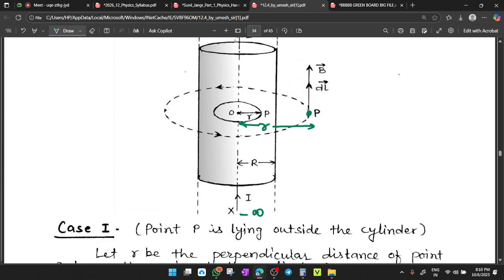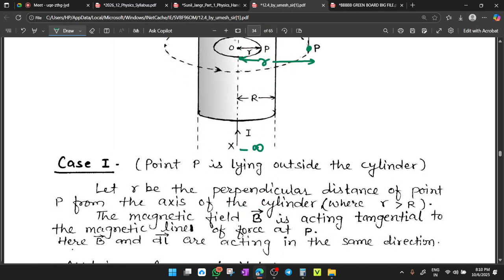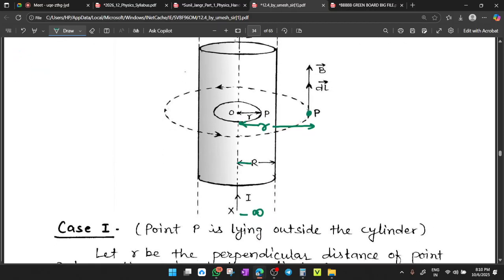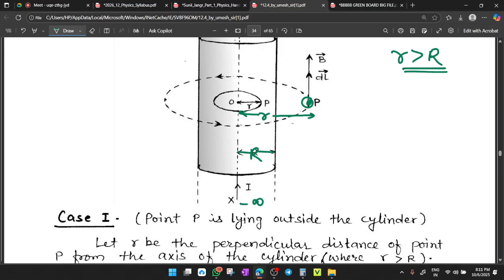Clear? Let small r be the perpendicular distance of point P from the axis of the cylinder, and capital R is the radius of the cylinder. Yes, capital R is the complete radius of the cylinder. In the first case, small r is greater than capital R, meaning the observation point is outside the cylinder.